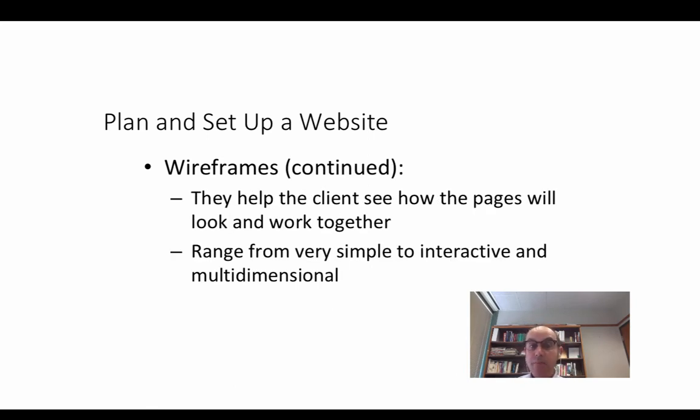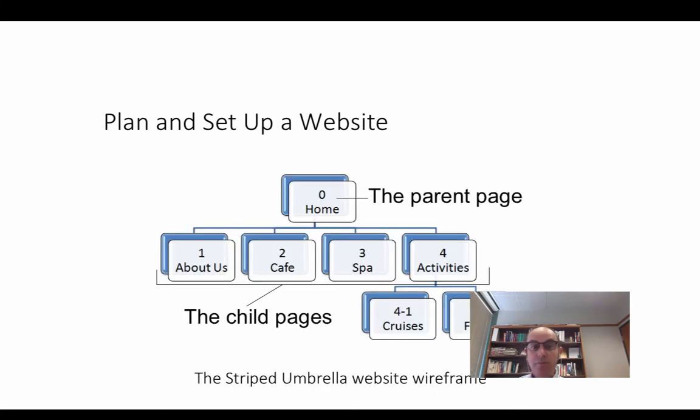While wireframes help the client see how the pages will look and work together, in your case you're going to work with your programmer in order to create the website. They range from simple to interactive and multi-dimensional. So the idea here is: where is the main page, where is the home, where is about us, what about the other subdomains, and where are the pages that are connected?